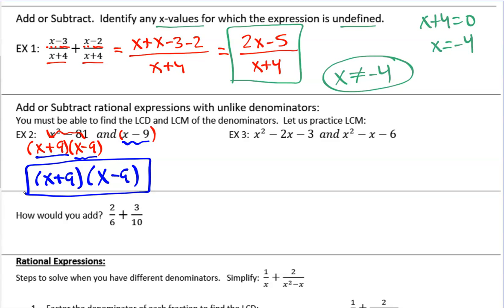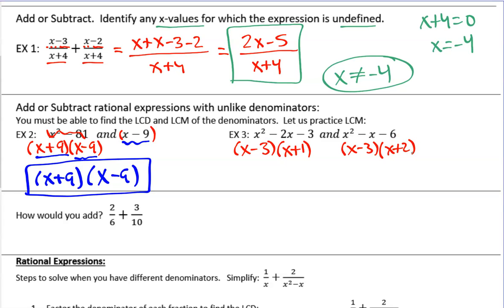Example number 3, we're going to have to factor both of these pieces. So x squared minus 2x minus 3: we think what multiplies to give me negative 3 and adds to give me negative 2. That's going to end up being x minus 3 and x plus 1. My other one is x squared minus x minus 6. Factor this if we can, which is possible. Multiply to give us negative 6, add to give us negative 1. That is going to be x minus 3 and x plus 2.